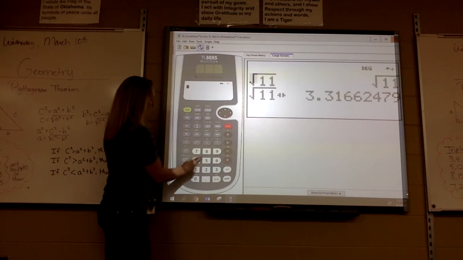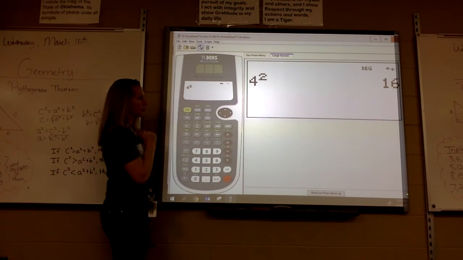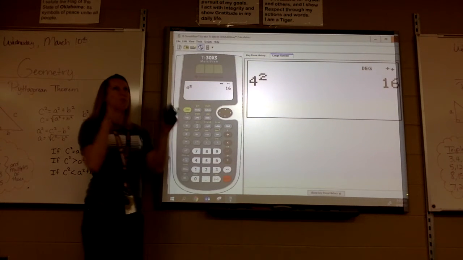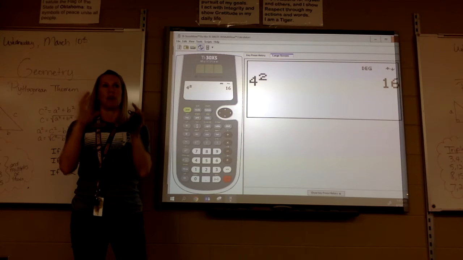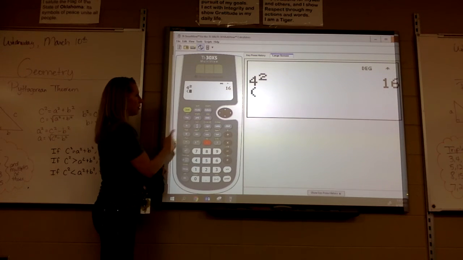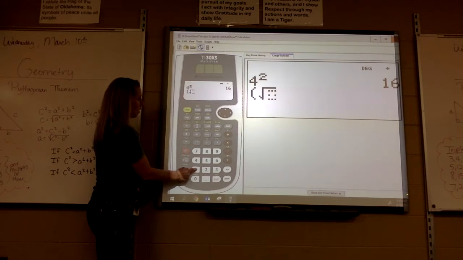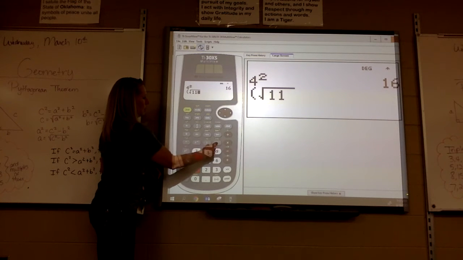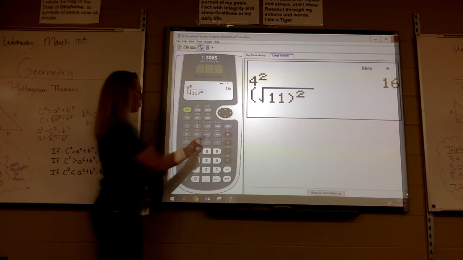So if I do 4 squared in the calculator, now if I do radical 11 squared plus radical 7 squared, you have to put the radical 11 in parentheses before you square it.